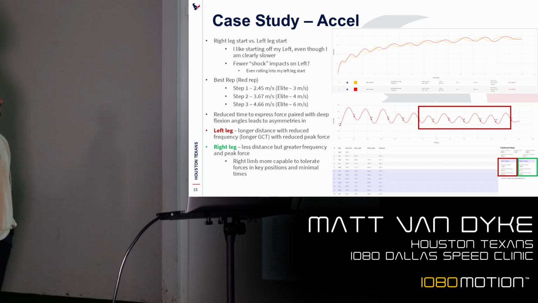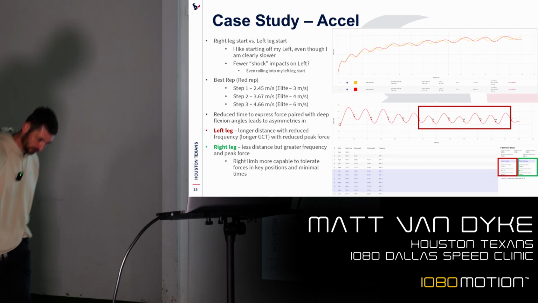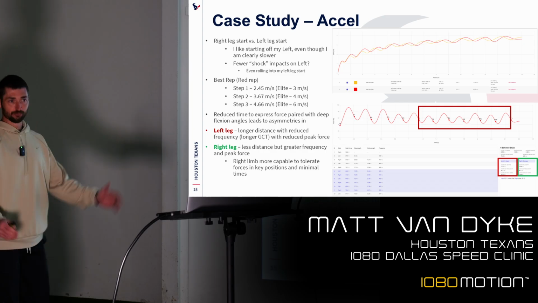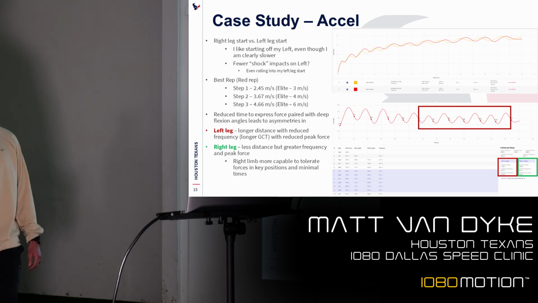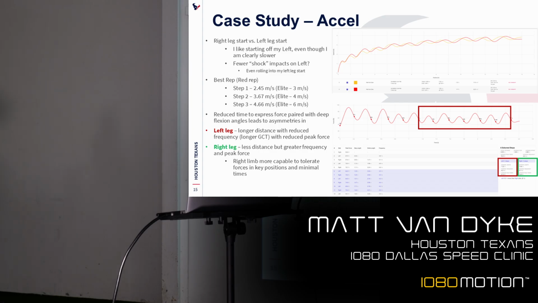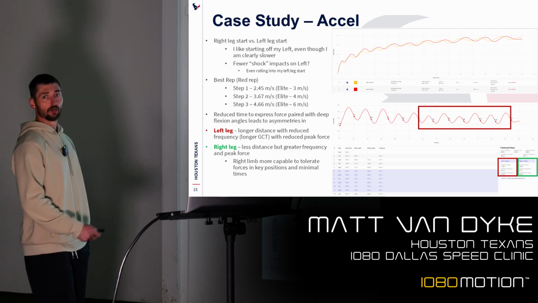That was the most intriguing thing to me, because I would prefer to start here every time compared to this, even though I'm not as good in that stance. So maybe it's fewer shock or impacts on the left. And you can see, again, you can put this in different views. On that left, I'll even roll into the start a little bit before I get going.